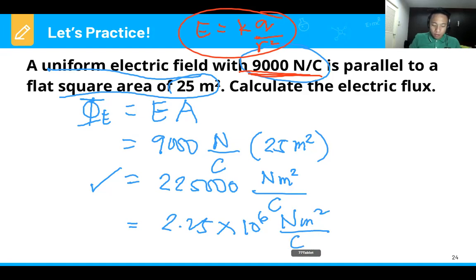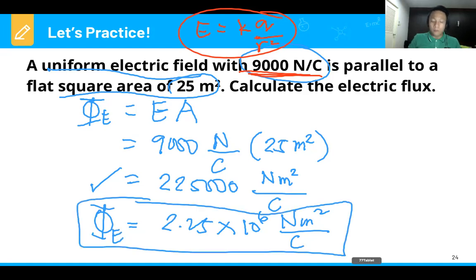So this will be the final electric flux of this problem. Okay? As simple as that. Again, our answer is 2.25 times 10 raised to 6 Newton meter squared per coulomb. So that will be the strength of the flow that our plate will catch, or our main electric flux. Okay, next one.